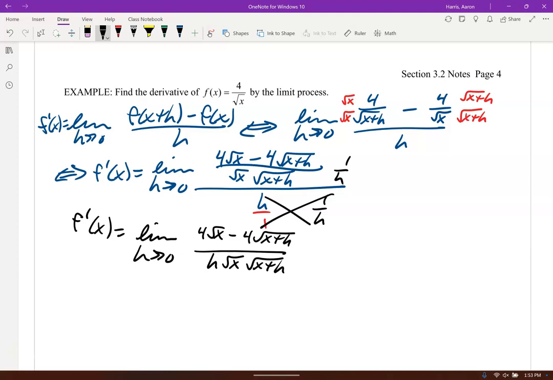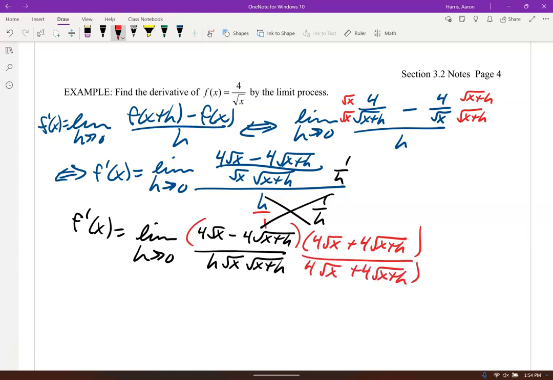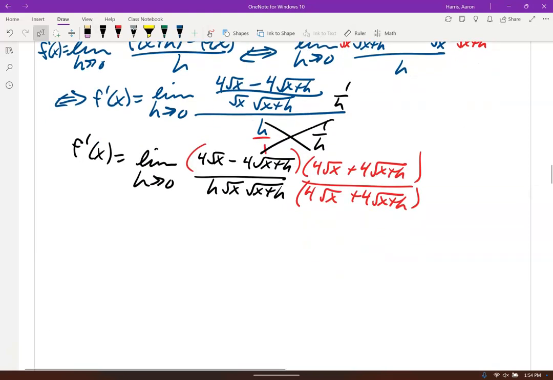And now we look at that, and I'm like, well, I can't plug h in. I can't let h be 0 because now I'm going to be dividing by 0, right? So I've got to manipulate this again and multiply by the conjugate. 16x, and then, so there's that one.